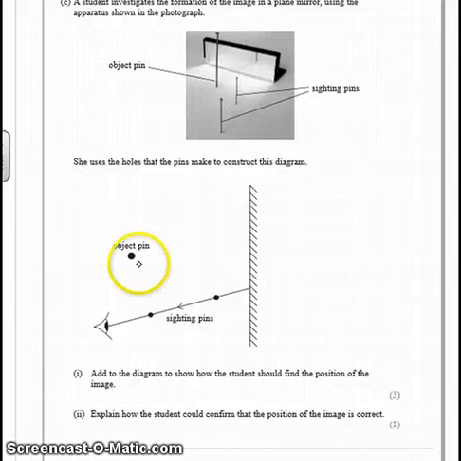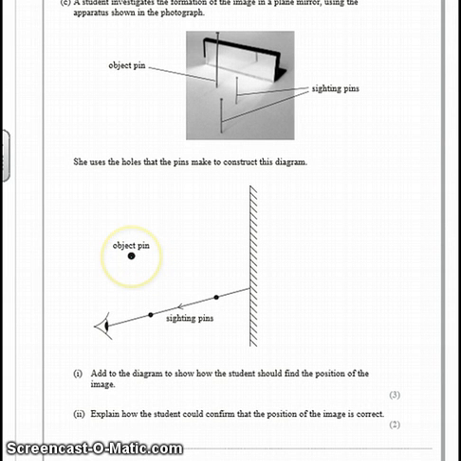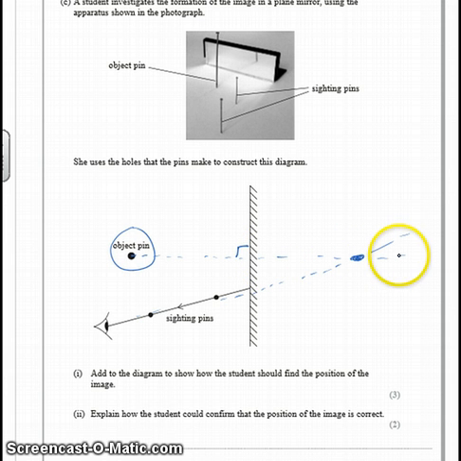Well, the image is going to be the image of the object here. So what we're going to do first of all is draw a straight line, using a ruler, that crosses the mirror at 90 degrees. At the same time, we're going to extend this line here, again using a ruler, until we hit a point over here, and this is going to be the position of the image.